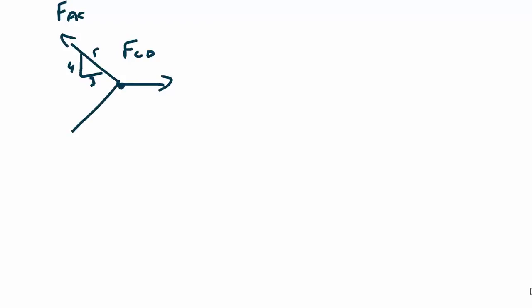So if I then look at point C, again there are three forces, FCD, FAC, we know that's a 3-4-5 triangle, and FBC, and we know that's 45 degrees there, which means that there's a series of 45 degree angles there, including just that's also 45.